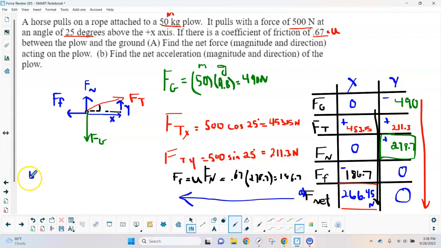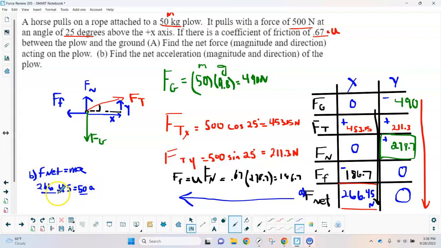So in part B over here, we're going to do Newton's second law, which is the net force is equal to ma. So we have the 266.45, and we're going to divide that by the mass of the object. So the mass of the object was 50, to be able to solve for a, which is what we want.